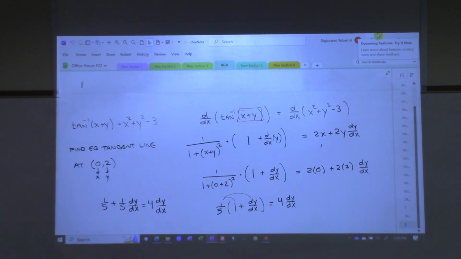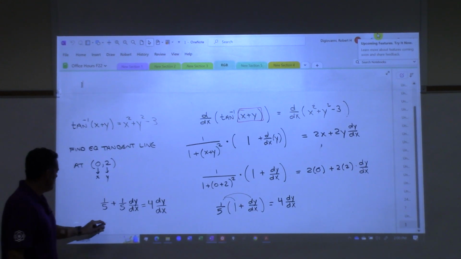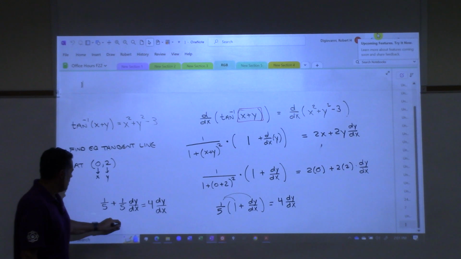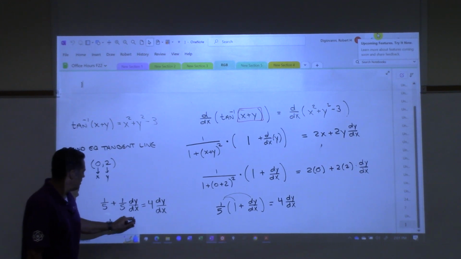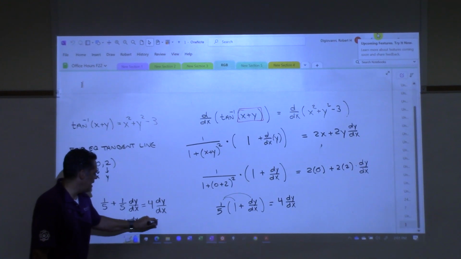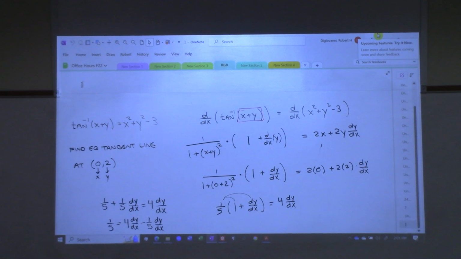Let's get all our dy dx's on one side. So how would I do that? Subtract, right? Subtract the 1/5 dy dx. We have a couple of options here. 1/5 equals 4 dy dx minus 1/5 dy dx. How many fifths is that when you take 4 and subtract 1/5? 19 fifths?